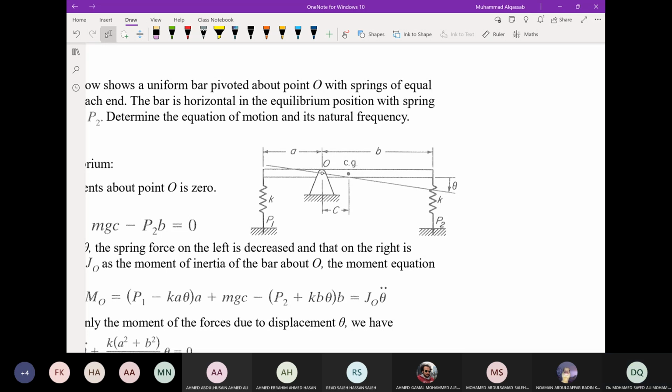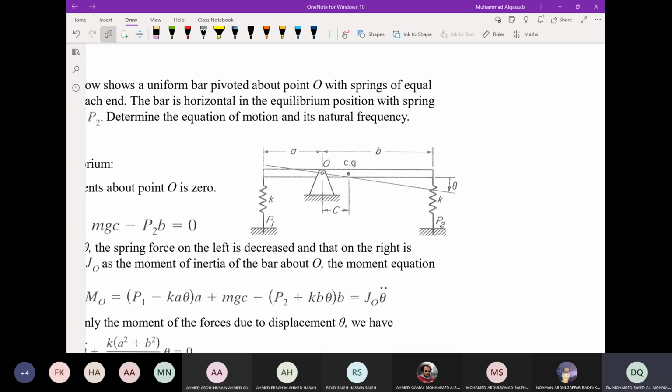Okay, we have the equilibrium, as mentioned, as the horizontal position of the bar. The bar is rigid. It is not flexible. We ignore the flexibility so that we limit the degrees of freedom to a single degree of freedom.